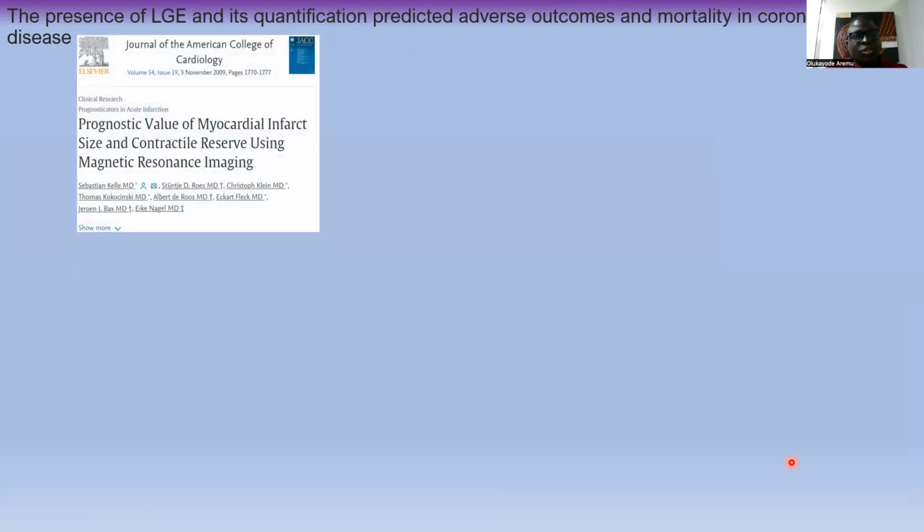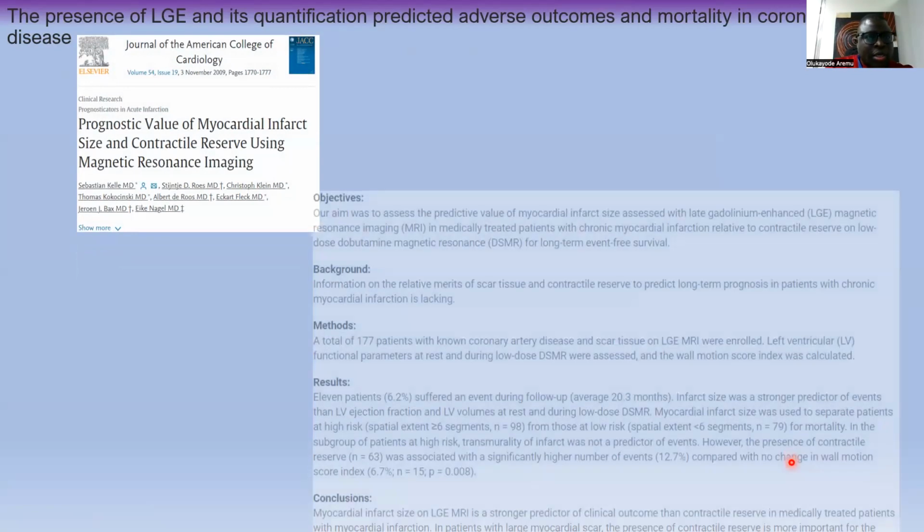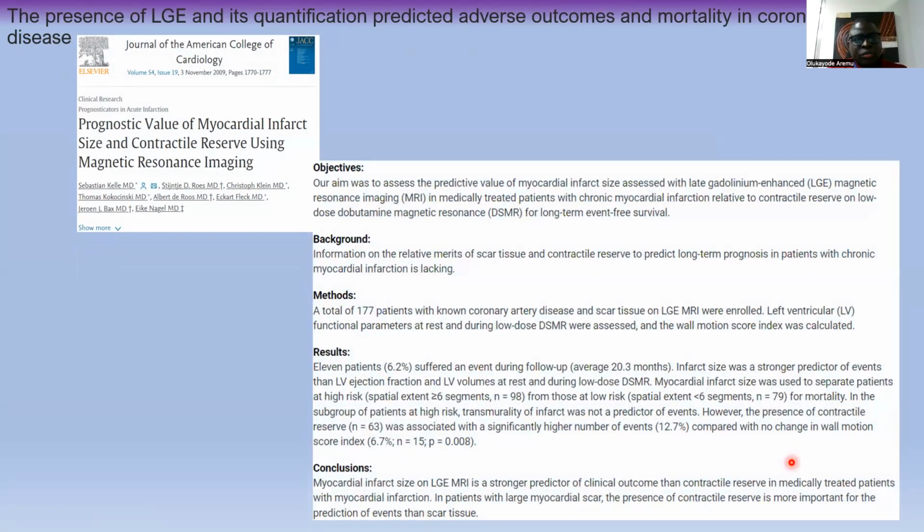Another study shows that the presence of LGE and its quantification predicted adverse outcomes of mortality in coronary artery disease. And this is a study by Sebastian Kelle et al., where they look at the prognostic value of myocardial infarct size and contractile reserve using CMR.